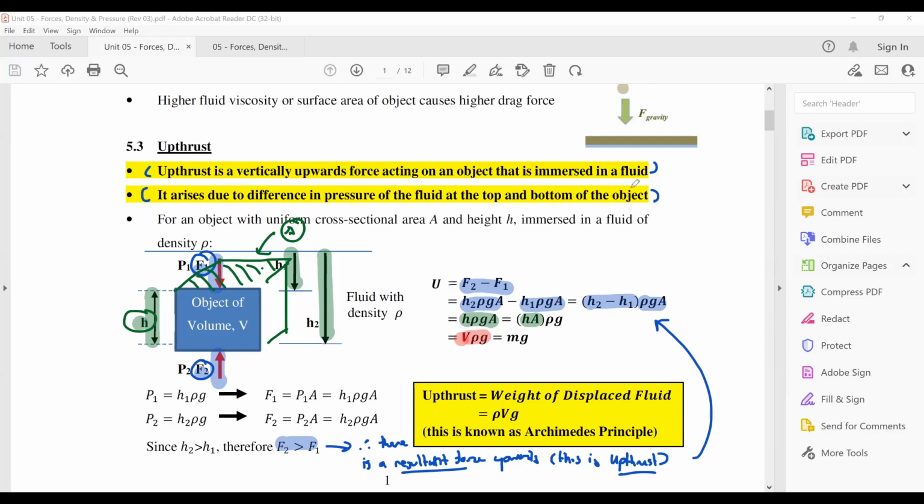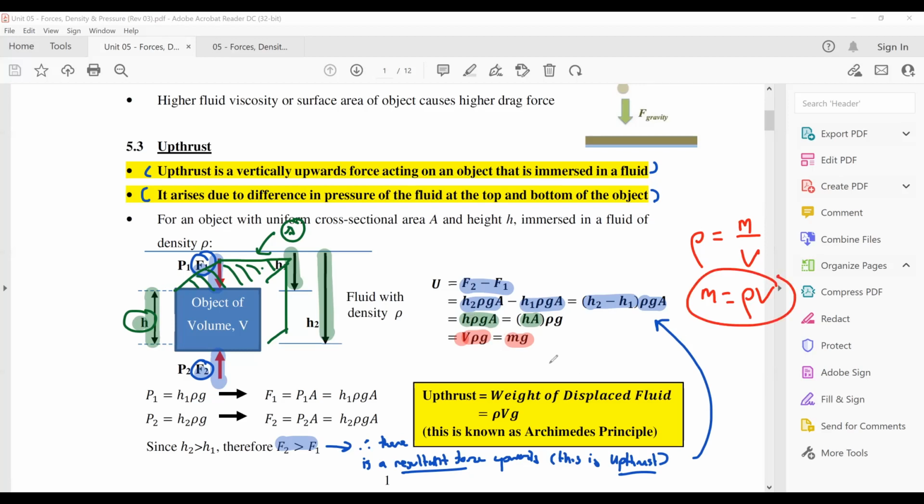Now, V rho g will become mg because it comes from this: rho is m over V, so m is rho V. So it becomes mg.